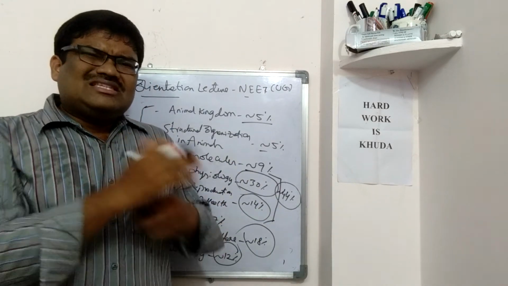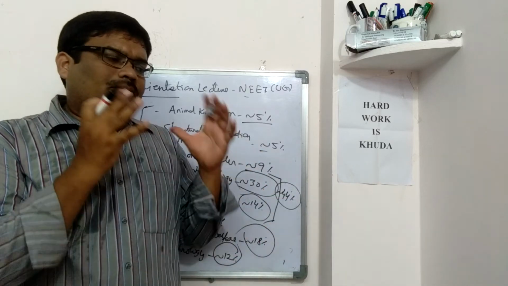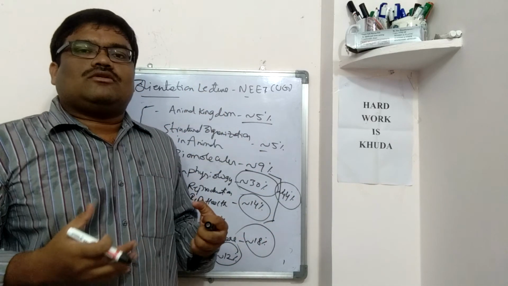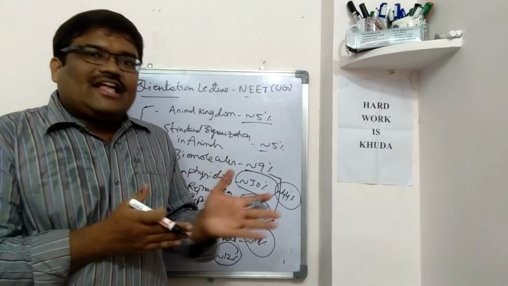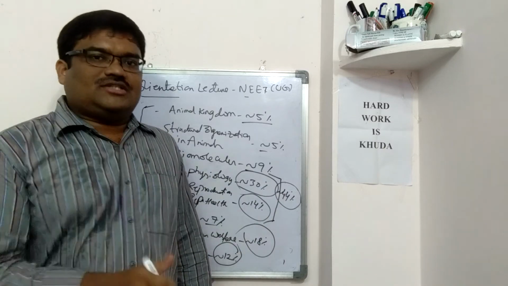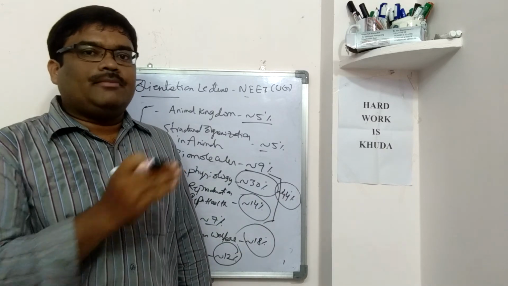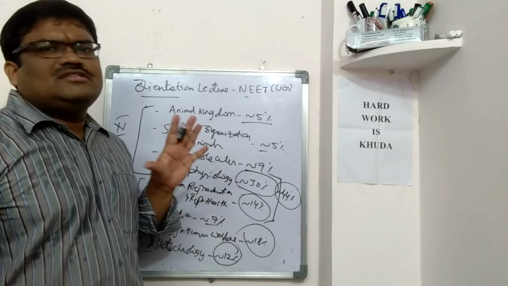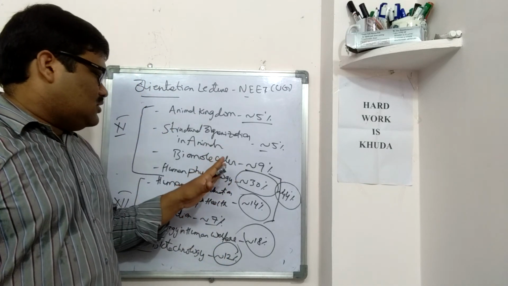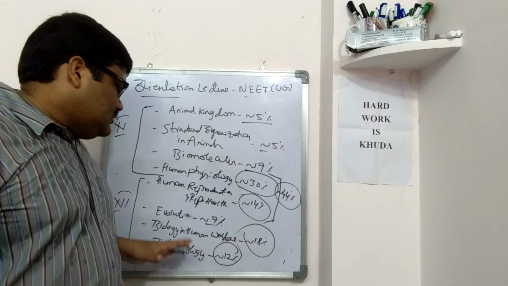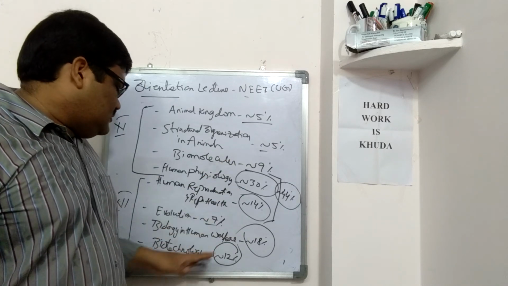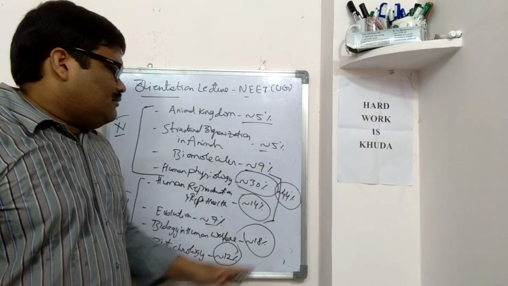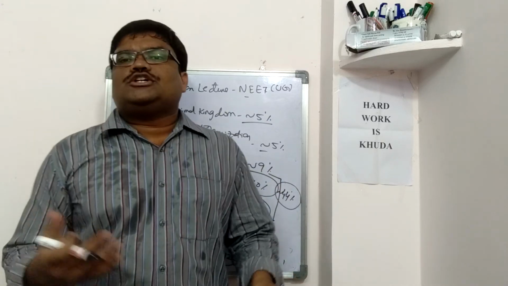So based on this, though it is a prediction, by considering this it will give us confidence and it gives us direction on which topics we have to stress and focus on much more when compared to others. So it is very clear that human physiology is very important. That means human physiology and human reproduction and health, then biology in human welfare, then biotechnology, which occupy the major share.